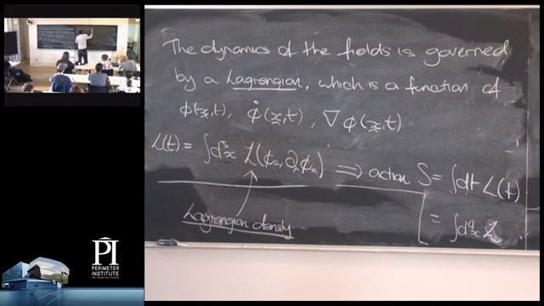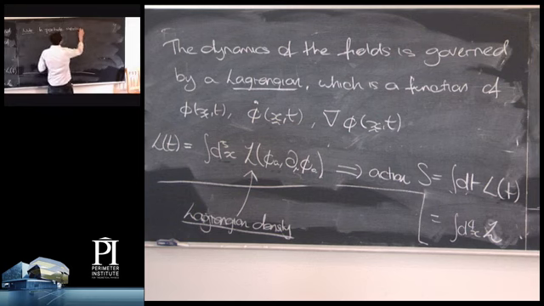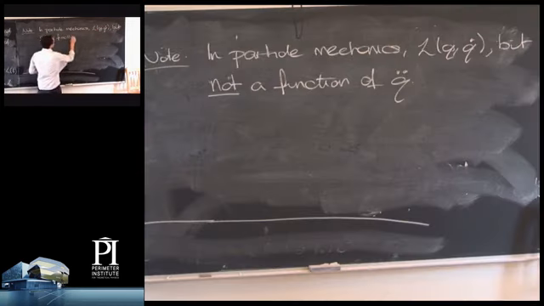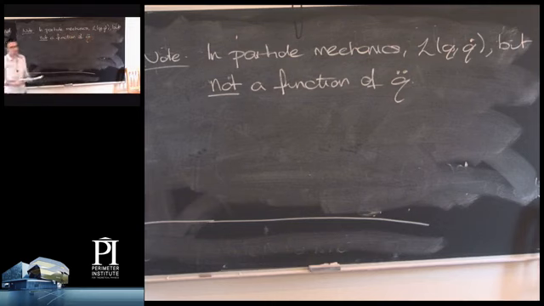So in particle mechanics, L is a function of Q and Q dot, but it's not a function of the acceleration. You know, the whole framework of Lagrangians, as we first learned it, requires that it's only a function of Q and Q dot.